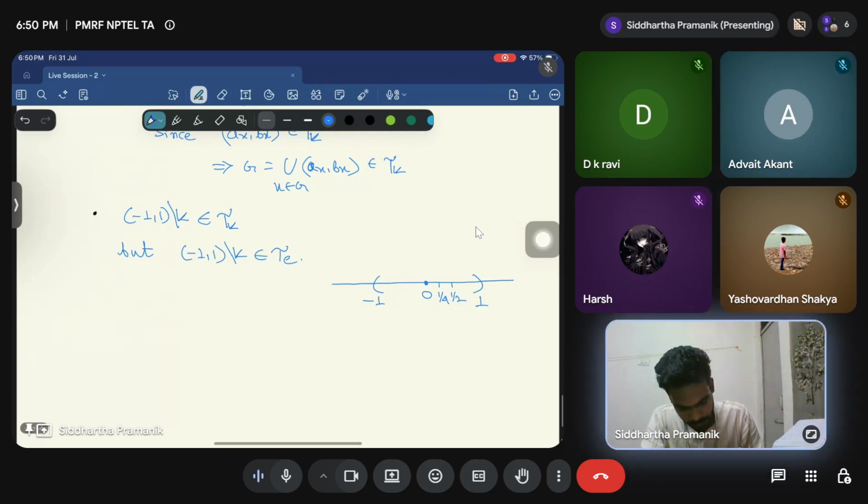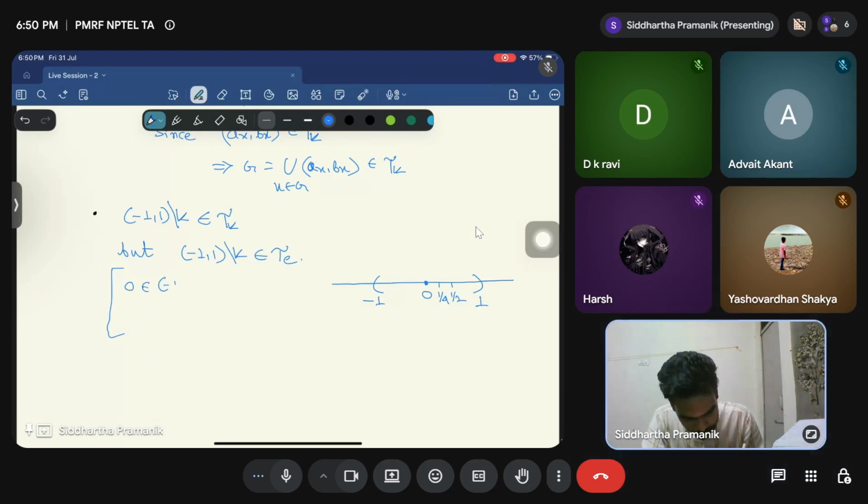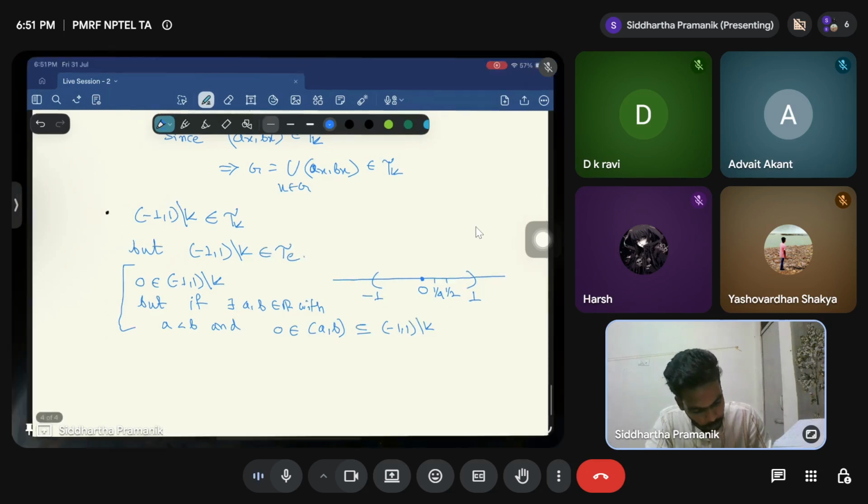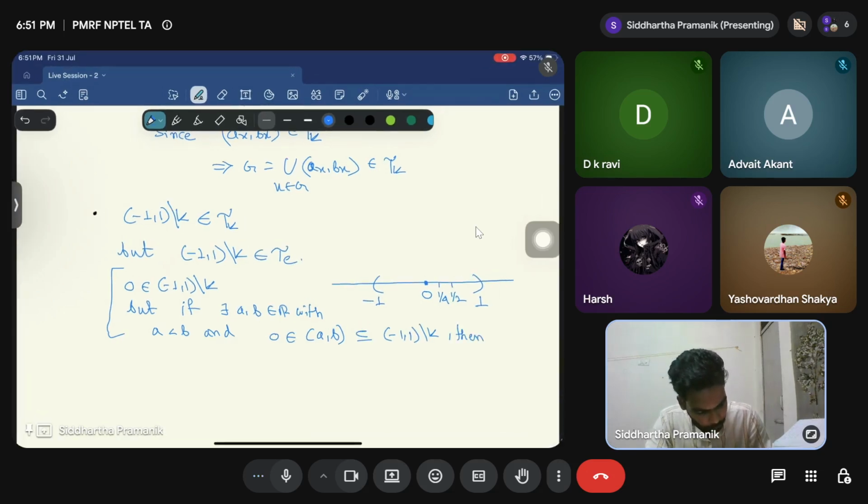Let me write down the reason here. 0 belongs to this set, but suppose there exist real numbers a less than b such that 0 belongs to the open interval (a, b) and this is a subset of (-1, 1) minus k. Then we will get a contradiction.